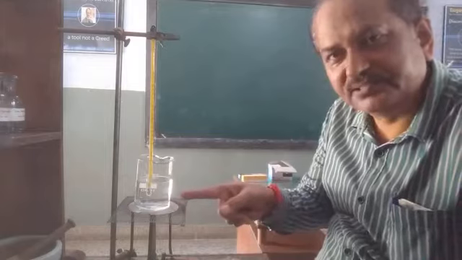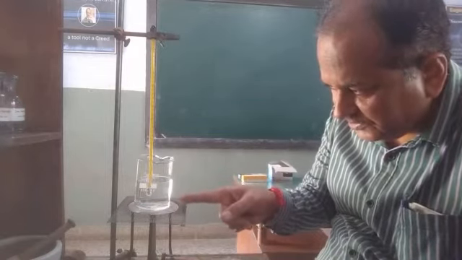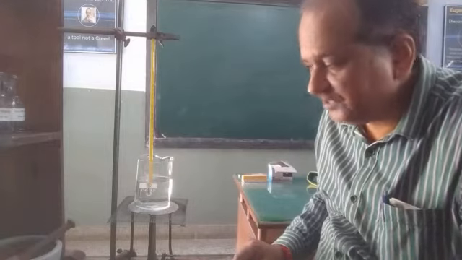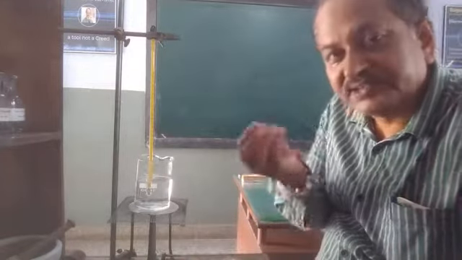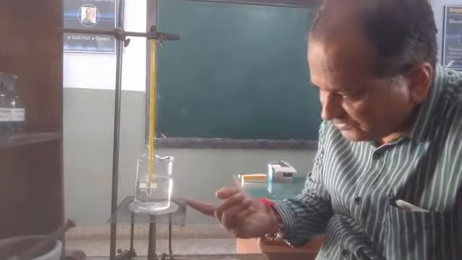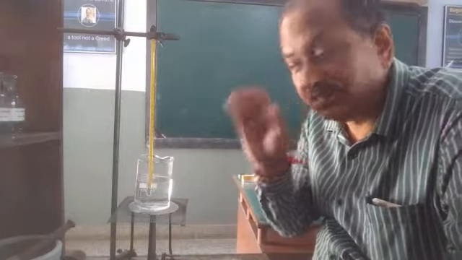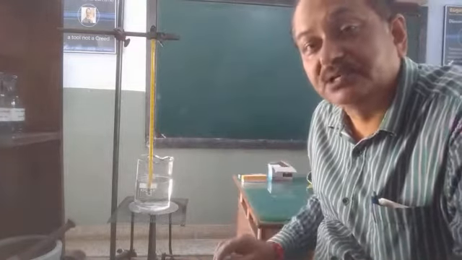Now see the bubbles. Bubbles are coming occasionally from the bottom of the beaker, and more vapors are coming. When the boiling point is reached, the temperature on the thermometer will become constant.